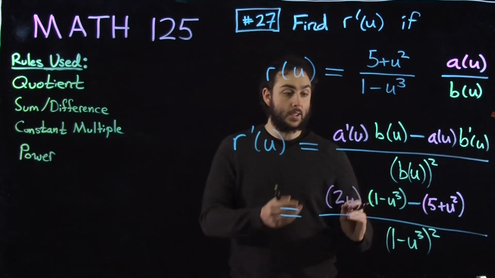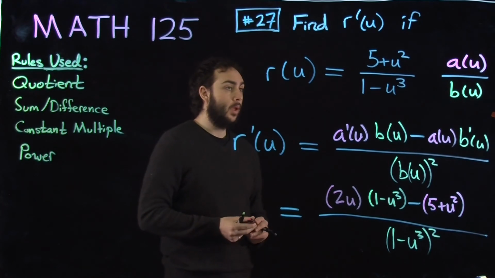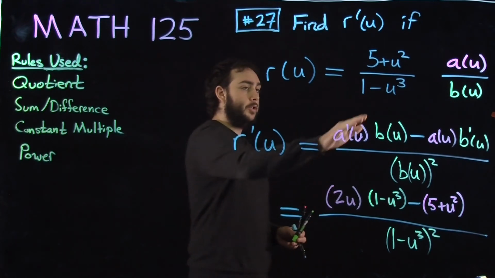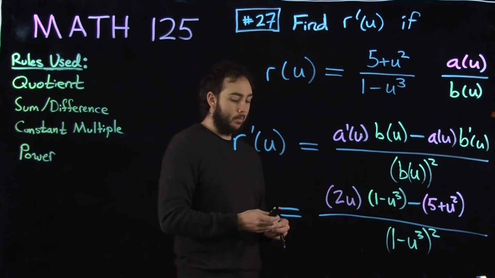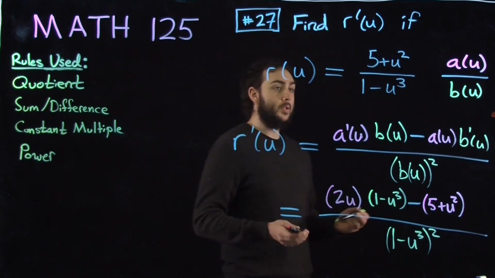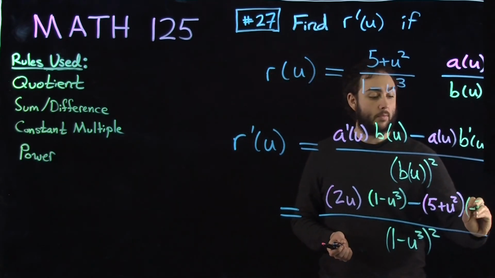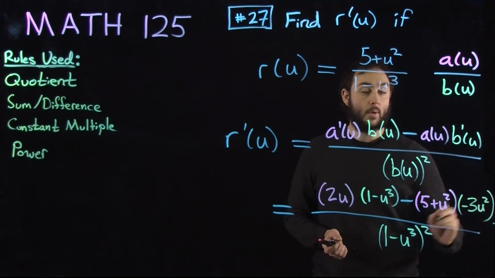So I'll just write this here as a prime. And lastly, I just have to differentiate the bottom. b of u is 1 minus u cubed, so its derivative is negative 3u squared by the power rule.